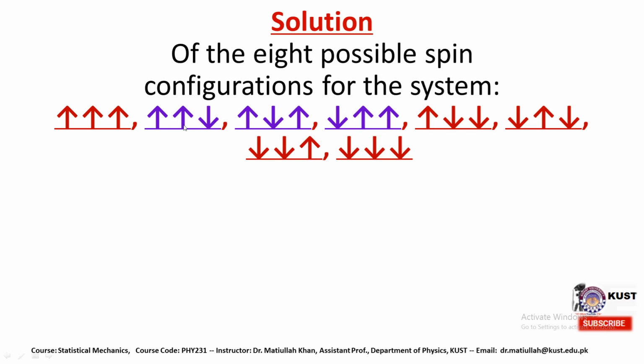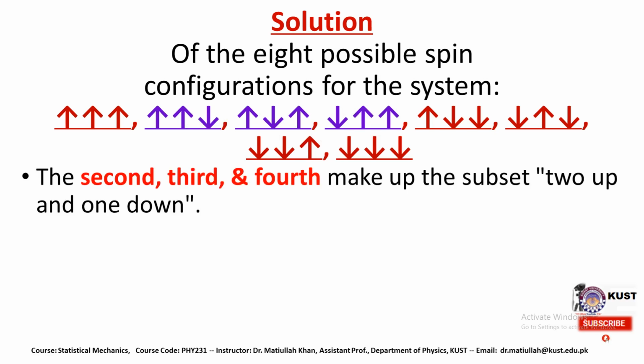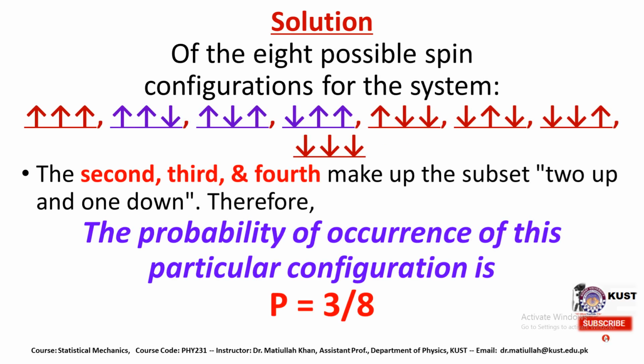So the microstates among these 8 in which 2 are spin up and 1 is spin down is 3, and the total number of possible microstates is 8. So what will be its probability? It is very easy. The probability of occurrence of this particular configuration is 3/8, because 3 of them have this configuration and the total is 8.